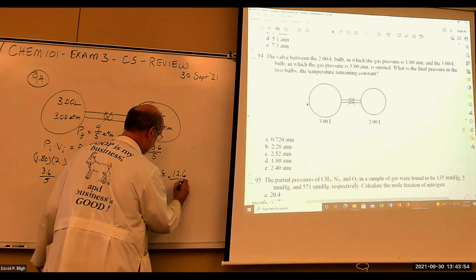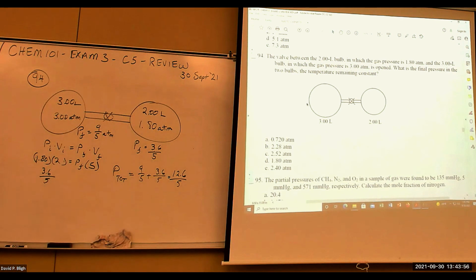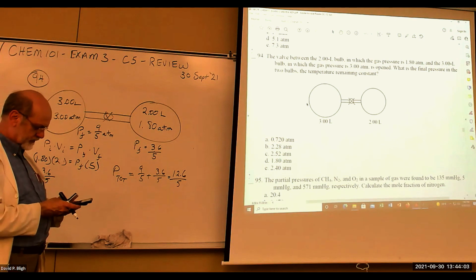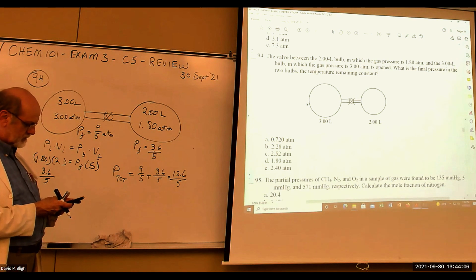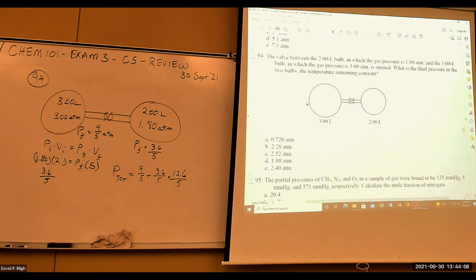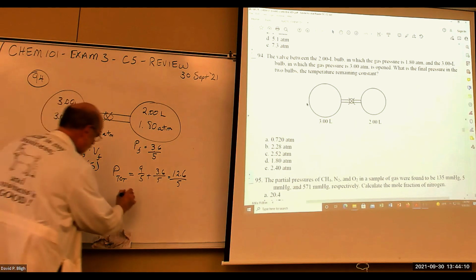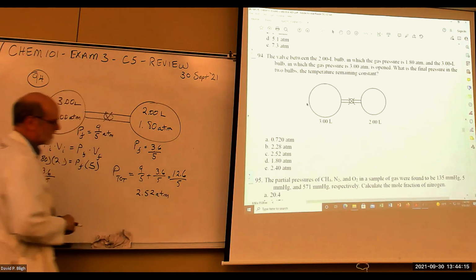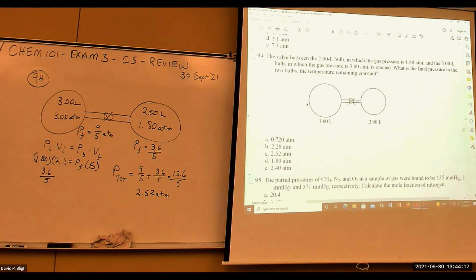I can't do that one in my head, and we got 3 choices in there that are really close together, so let's just calculate. 2.52. So the final pressure is 2.52 atmospheres. There we use 2 gas laws to solve this problem.